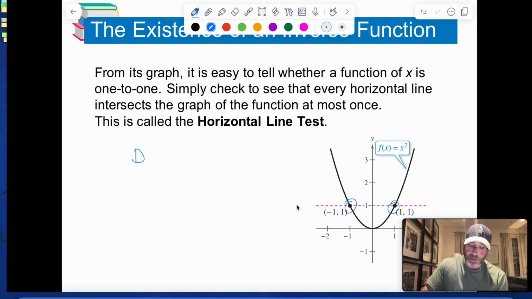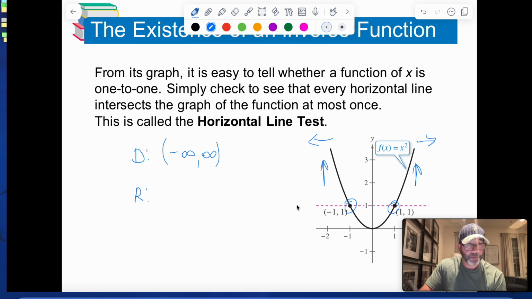Just for the heck of it, let's look at the domain for this, because this is going to be a really big part when we talk about the domain and the range of these, okay? The domain for this graph, you can see that this is going to the left forever and it's going to the right forever. That's because the graph is going up here and it's going up here. Okay, so the domain is negative infinity to positive infinity.